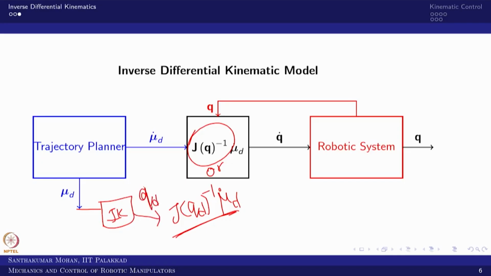So that is what we are supposed to take as feedback. But more commonly, the robotics community takes q and then corrects the J. So either way we can do it. The state inverse differential kinematics means this, but you can use it either way around. I have used this one more commonly, which was used in the book. So that's what I have written here.